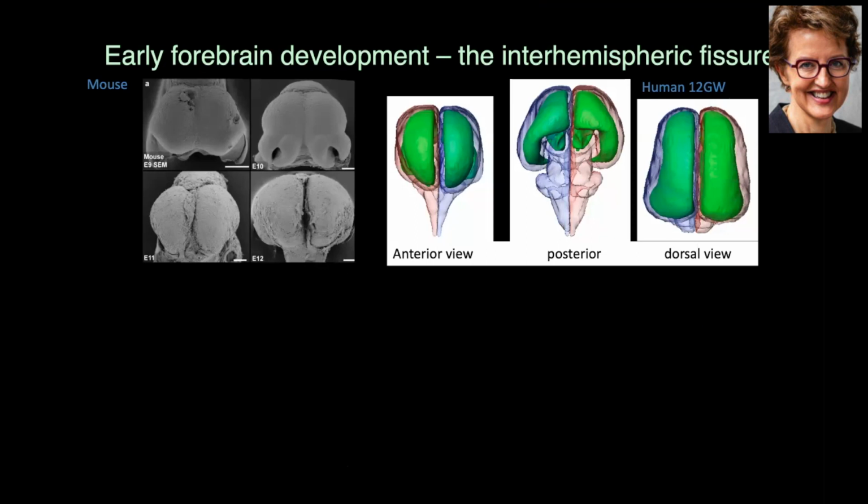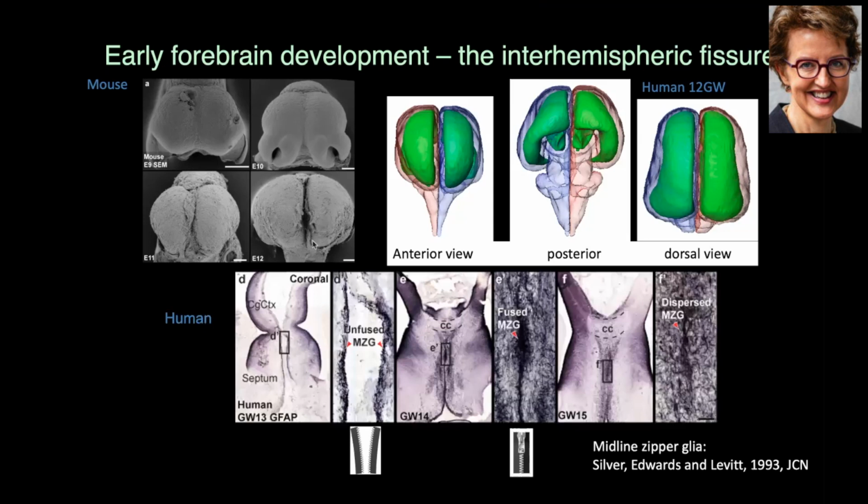And then, of course, there's this expansion in the number of cells during the proliferative phase that I talked about before. And so this cleft is here. At the very ventral area, the two hemispheres are connected in the region of the ventral septum.